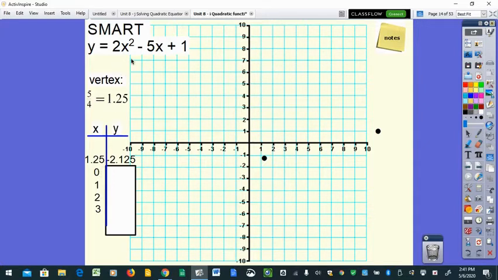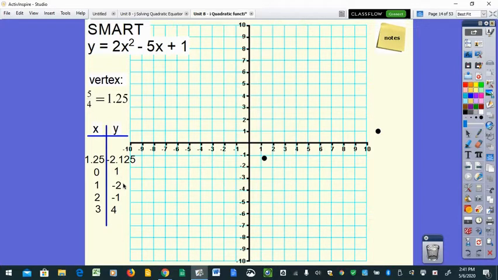I'm going to put in x equals 0, do the math, get 1. Put in 1, so 2 times 1 squared minus 5 times 1 plus 1, get a point. I'm going to put in 2, and you're going to notice as I do these 4 values that the symmetry we saw the other day is missing. That's okay.